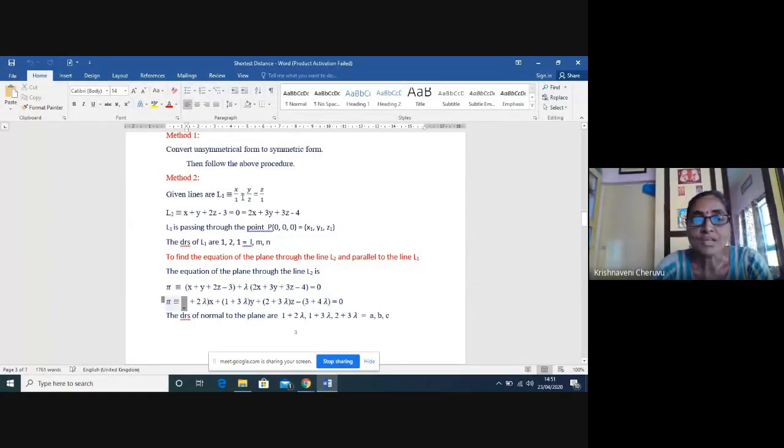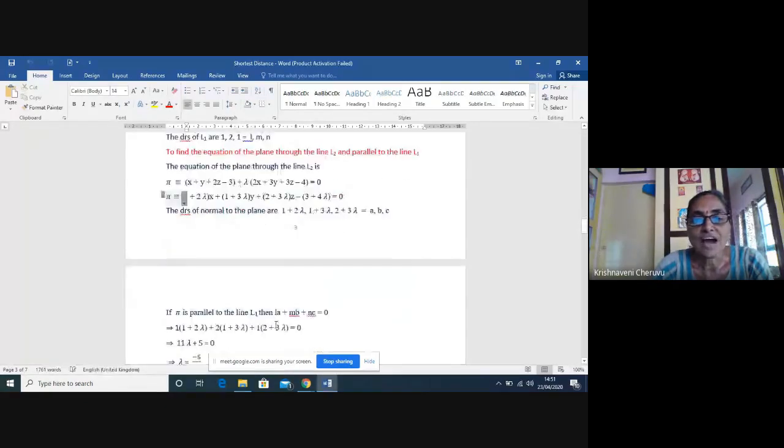That is why you are getting a condition, the normality condition, that is LA plus MB plus NC is equal to 0, where L, M, N are the DRs of the line L1 and A, B, C are the DRs of the normal to the plane pi. Okay, because pi and L1 are parallel, the normal to the plane and L1 are perpendicular.